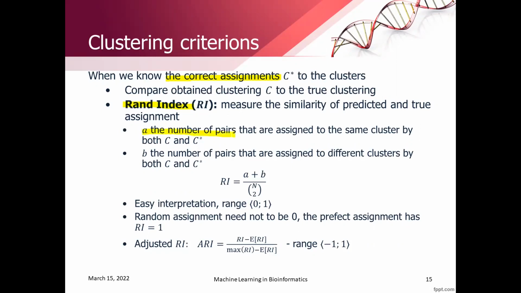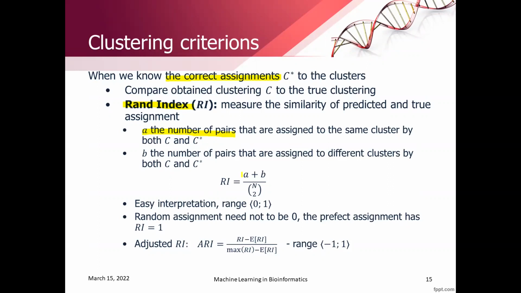So we pick two observations, and we look whether they were assigned to the same cluster or to different clusters in the predicted clustering and in the true clustering. The true clustering is C star and C is the predicted clustering.